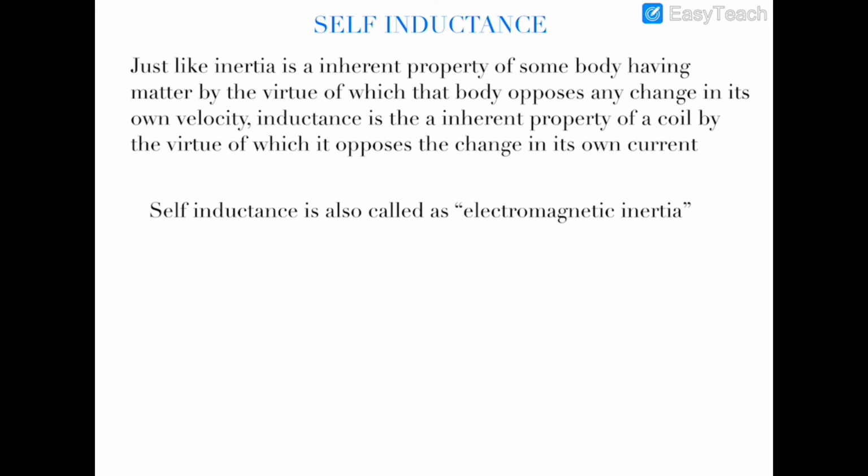Now we are studying the analogy of inertia and inductance. We can clearly see that self-inductance is also a property of a coil, by virtue of which that coil opposes any change in its current, and therefore we are comparing that coil with that body, the current with the velocity, and the self-inductance with inertia. So self-inductance for that reason is also called electromagnetic inertia.